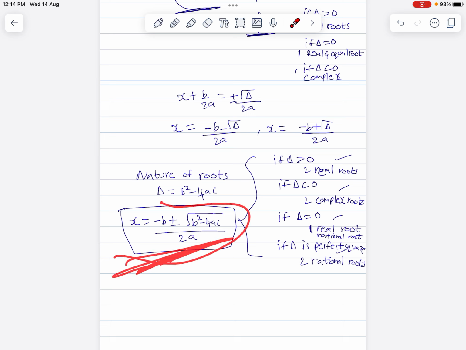You should remember this formula like anything. You should learn this formula by heart, so that you can easily apply it in the exam without any confusion.